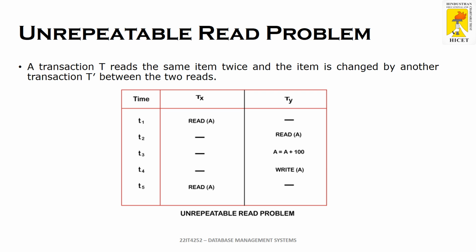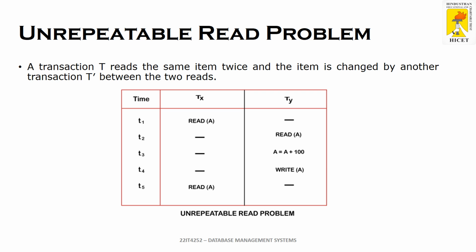Next is the unrepeatable read problem. The transaction T reads the same item twice, and the item is changed by another transaction T dash between the two reads. For example, at time t1, Tx reads the value of A, initially 300.